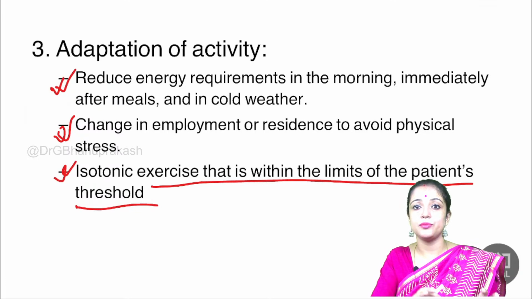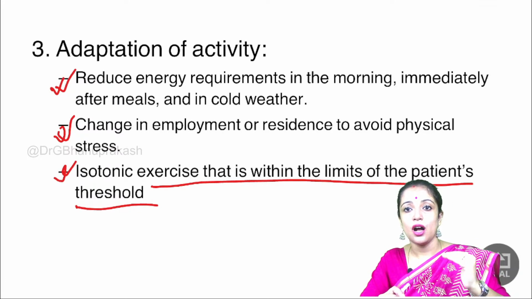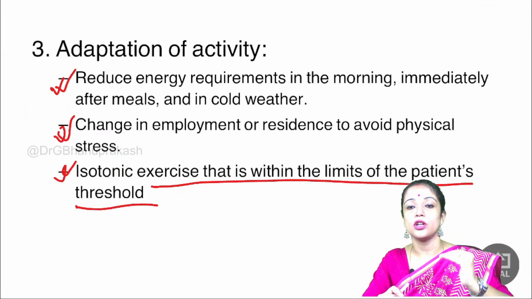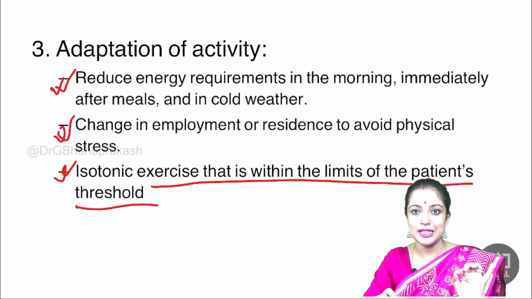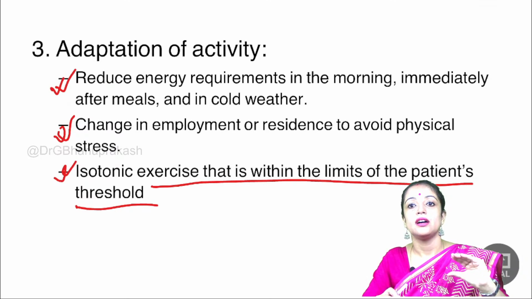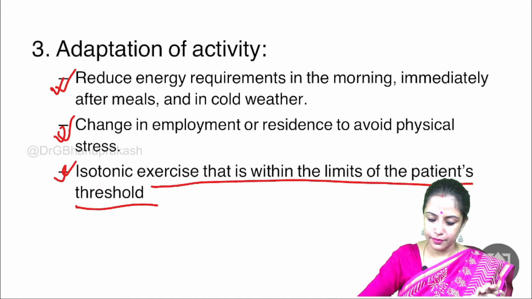The patient can be advised for activities which are below the threshold of the external workload which we get from the treadmill test. So the treadmill test is important for diagnosis as well as for treatment purposes.